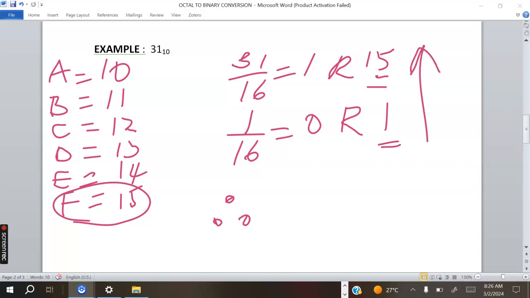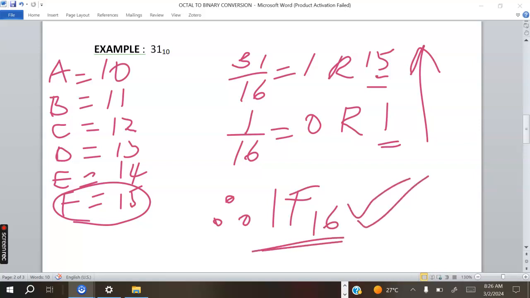Therefore, we have 1 F, base 16. That is our answer for this one. I hope you now see how we reached that answer. So you need to check the numbers: A is 10, B is 11, C is 12, D is 13, E is 14, F is 15.